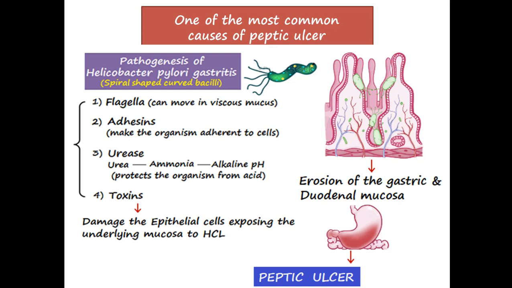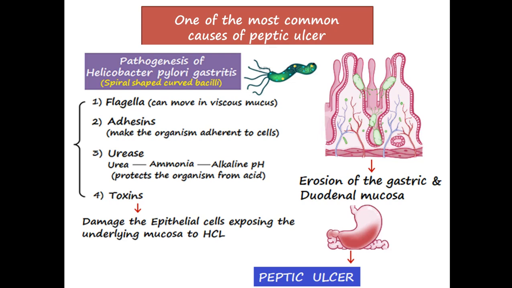Once the H. pylori has stabilized by adhering to the foveolar mucus secreting cells, it will start secreting toxins, and these toxins will damage the lining epithelial cells of the stomach and duodenum. When the epithelial layer is damaged, the cells become dead and expose the underlying mucosa to the direct effect of hydrochloric acid.